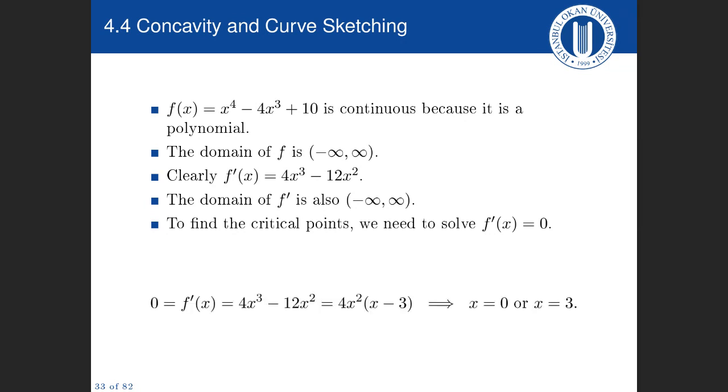So we do our calculation. We start with 0 equals f prime of x. Factorize this and then see how we can make this 0. This is 0 if x is 0, or this is 0 if x is equal to 3. So we're going to take our domain from minus infinity to infinity, and then we're going to make a cut when x is 0, and we're going to make a cut when x is equal to 3.